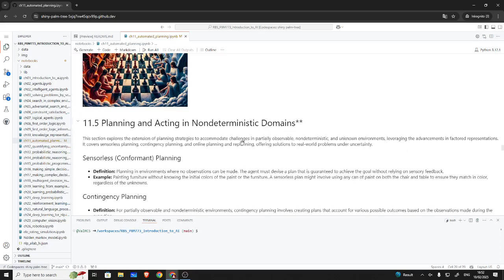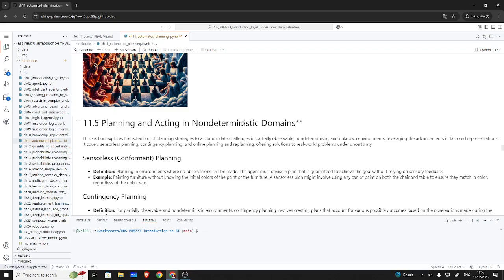Now, how do we move on from this? This is all deterministic so far, with moves. Moving on to non-deterministic means we'll have to worry about partially observable, non-deterministic, and of course possibly unknown environments.